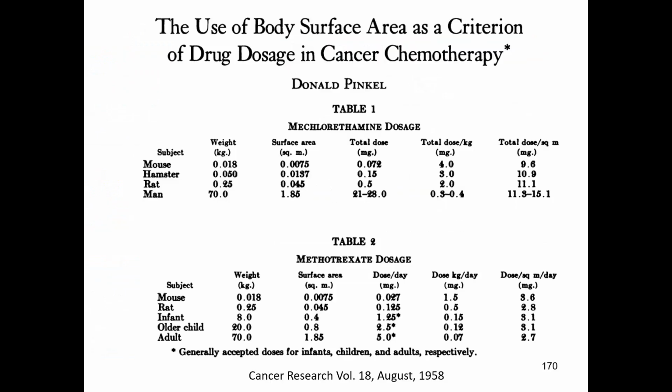So this is again from 1958, and basically a quick summary is they were looking at toxicity for these different chemotherapy doses, and they used this model where you went like mouse, hamster, rat, things like that, and you treated them to this toxicity. When they looked back at it, the thing that correlated most to that, in the right column, is the total dose in milligrams per meter squared.